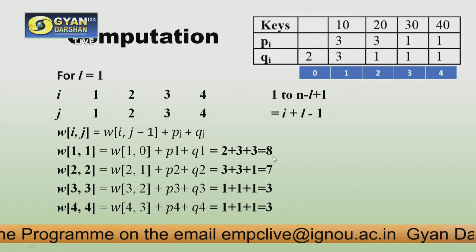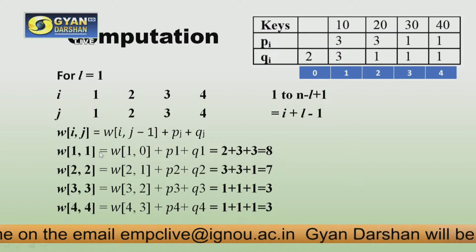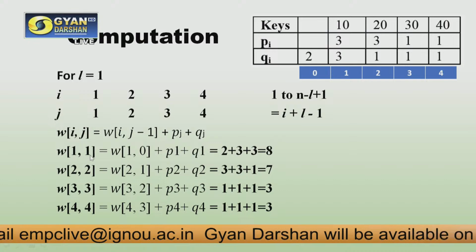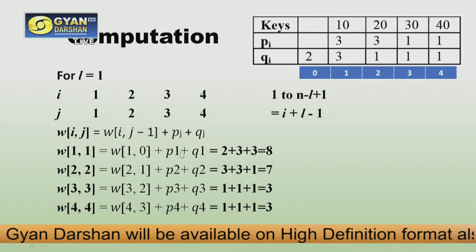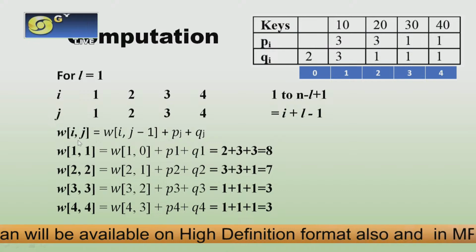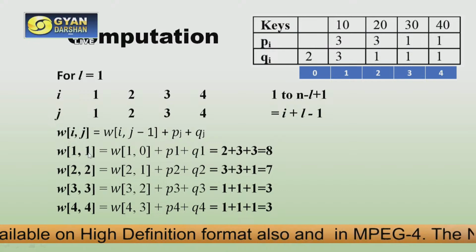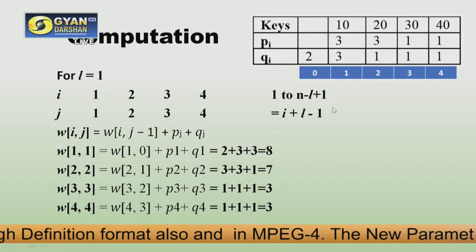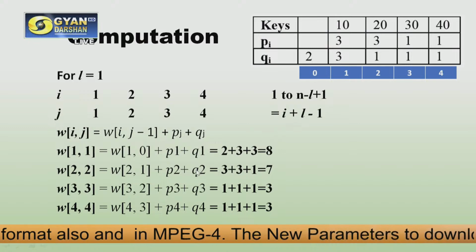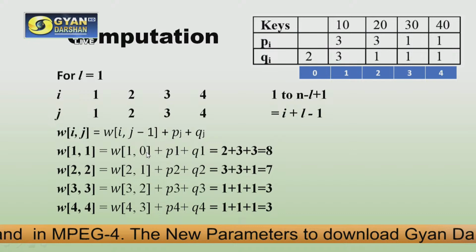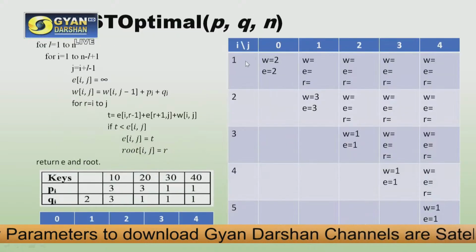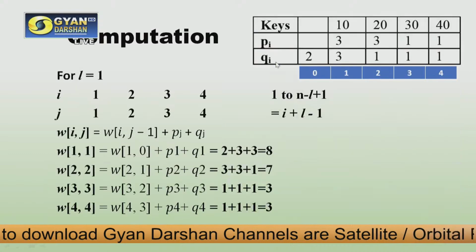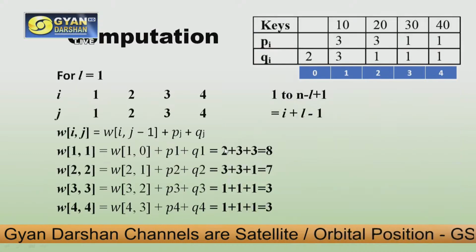And once again, remember these are all divided by 16. So w11 equals w10 by this particular formula, plus p1, because the value of j is 1, plus q1. And what was the value of w10? In the previous diagram, you can see this w10 is 2, right? So that 2 value is being utilized.